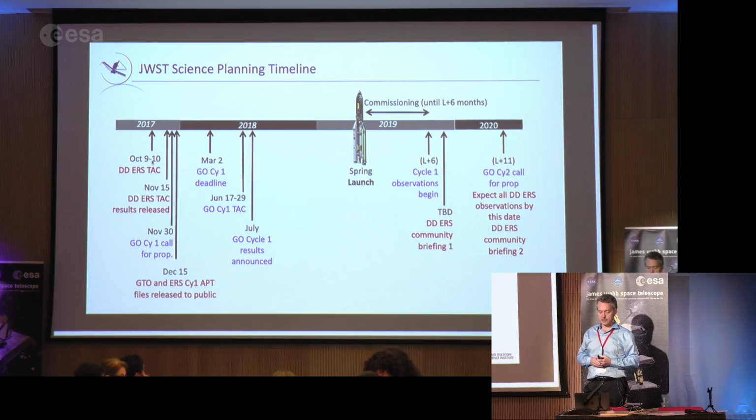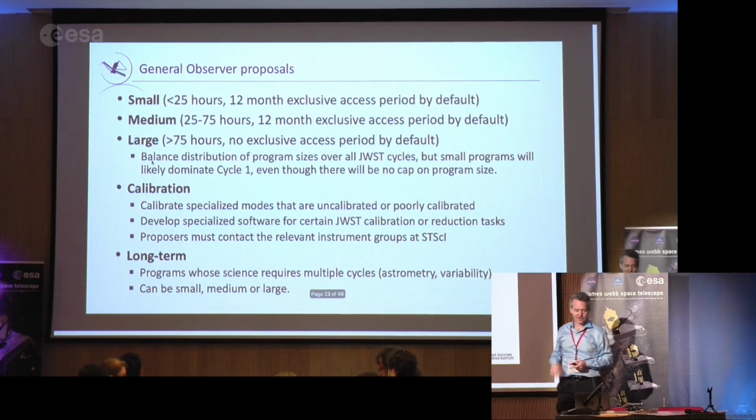And then only five months after that, the Cycle 2 call for proposals comes out. And then two or three months or so after that, the next proposal deadline. So there's that window of several months where the community has to learn what's going on with JWST scientifically and operationally, and then include that information into the Cycle 2 proposals. All right, that's the last time we're going to see this timeline in my talk.